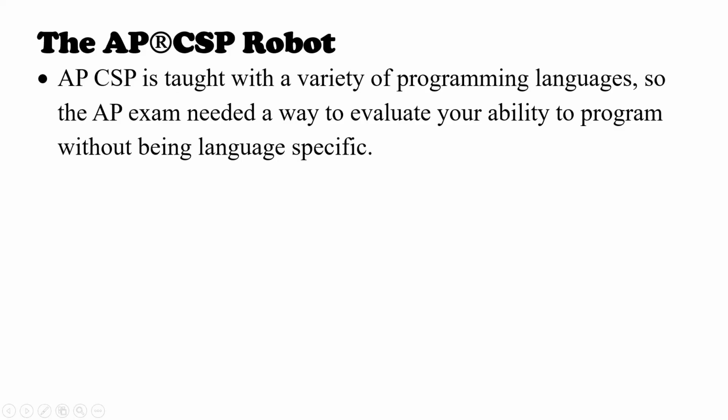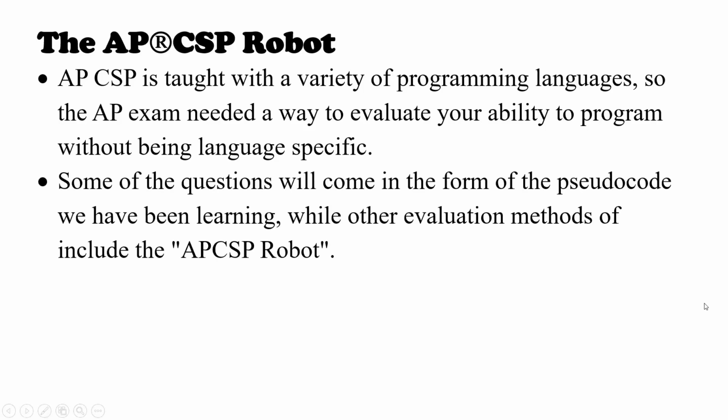So first we got to define what exactly this robot is. Because the course is taught with a variety of programming languages, the AP exam needed a way to evaluate your programming ability. And some of that is in the multiple choice questions that we have seen so far. But another method of evaluation they use on the exam is called the robot.